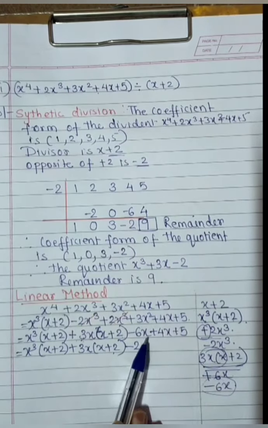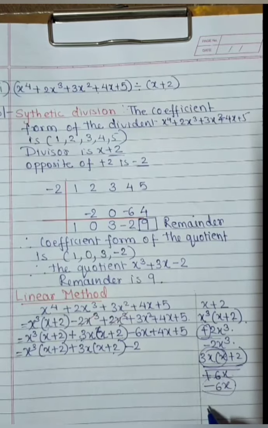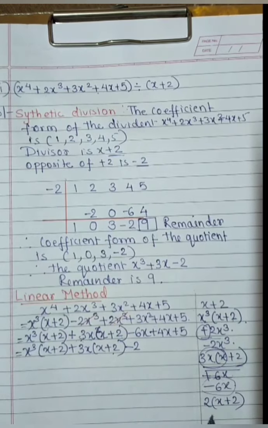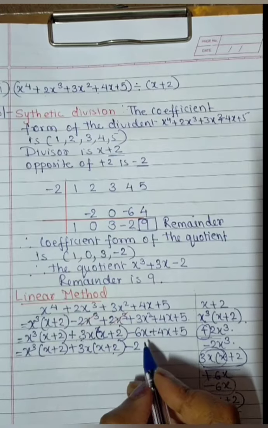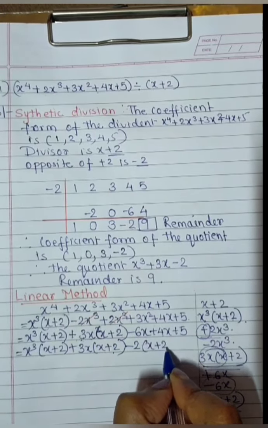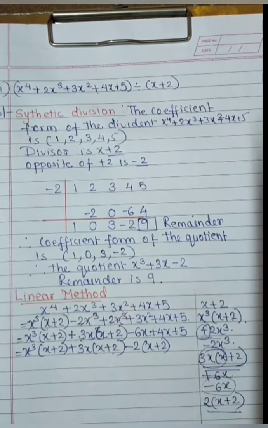Now again here also we are getting x, so we will take 2x plus 2, okay. Then when we multiply we will get 2x here, so I am writing here x plus 2, okay.